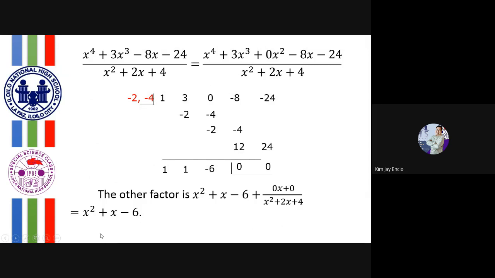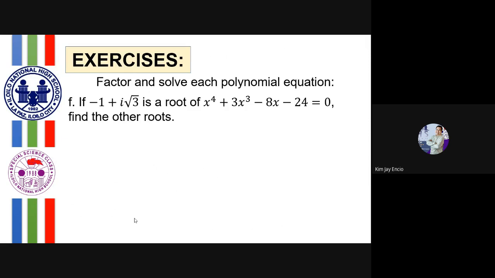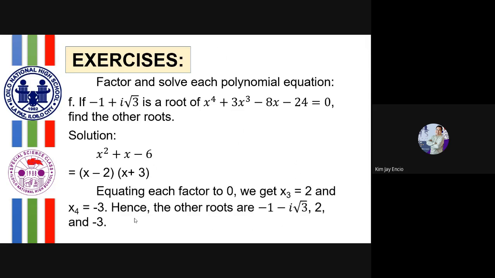as the other factor. But this is quadratic and this is still factorable. x squared plus x minus 6 could still be factored into x minus 2 times the quantity x plus 3. The other two roots come from equating each of these to 0.